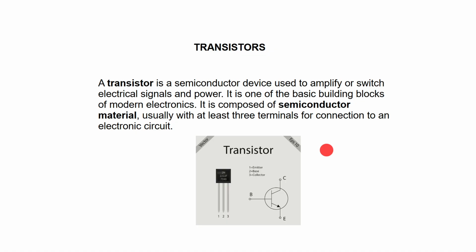So by putting this semiconductor material in an electric circuit whereby electrons flow through it, we can manipulate it to act as a conductor.